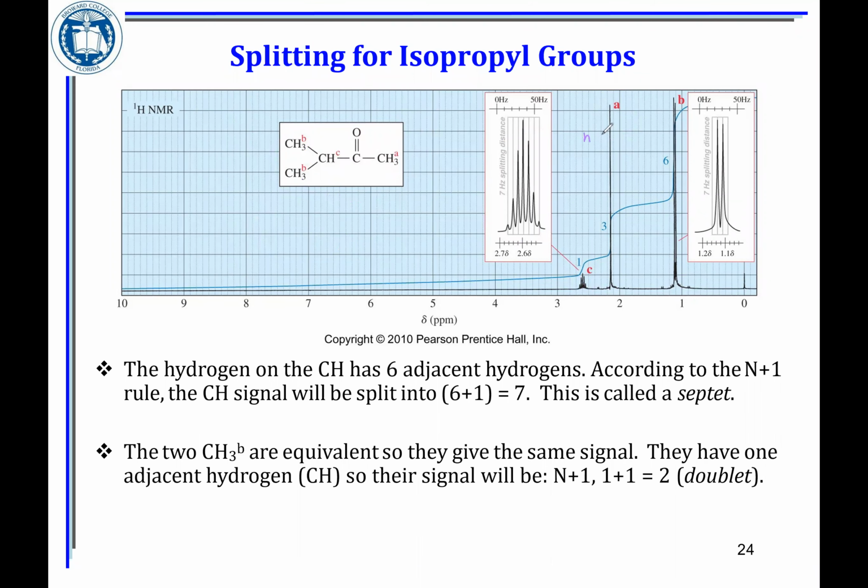It means the n plus 1 here is 0 plus 1, that is 1. There are 0 hydrogens on the adjacent carbon. So 0 plus 1 is a singlet. Okay.